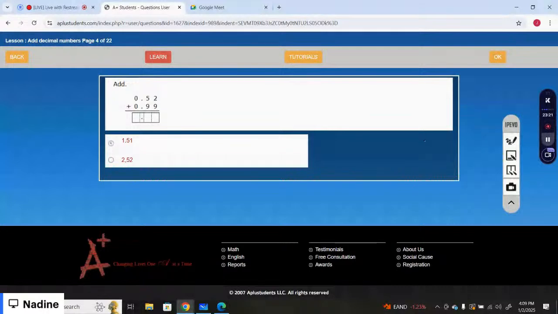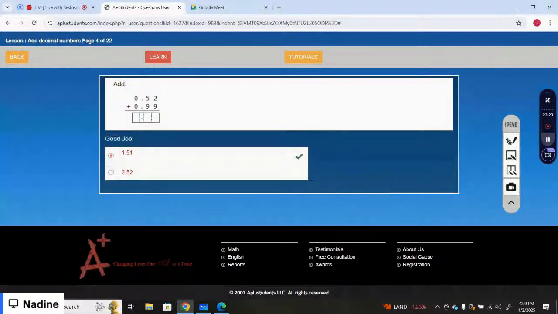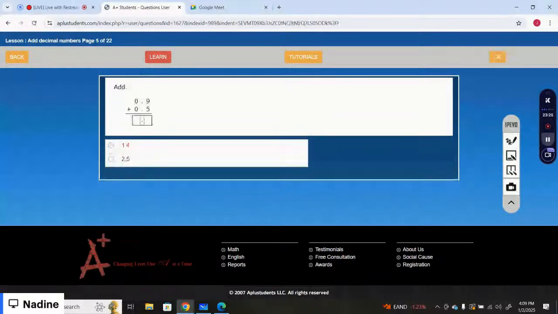That is 1.51. Option number 1 is the correct option. The next one is 0.9 plus 0.5, which is the correct option?